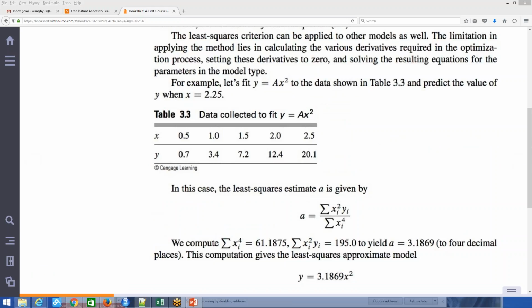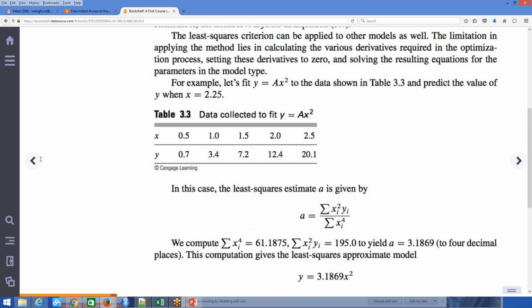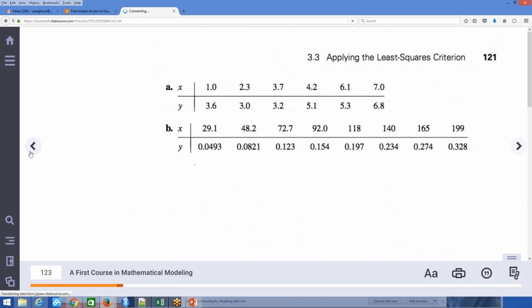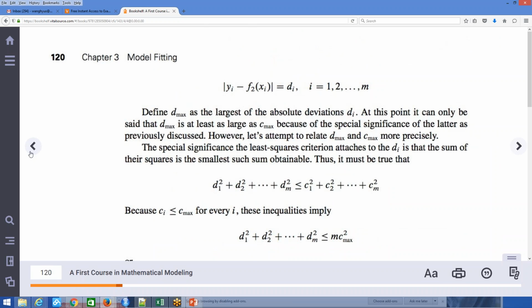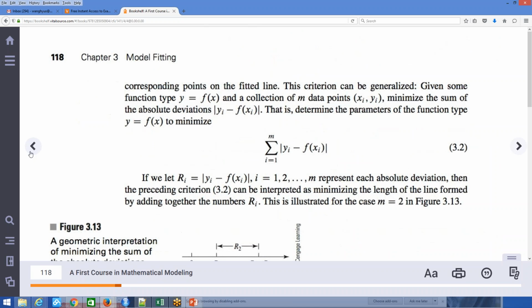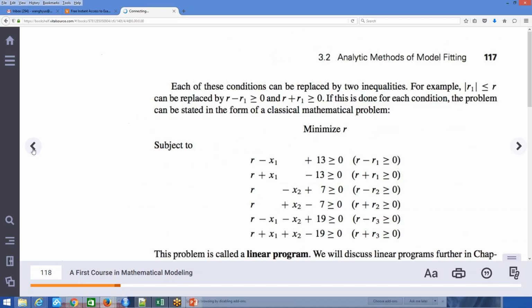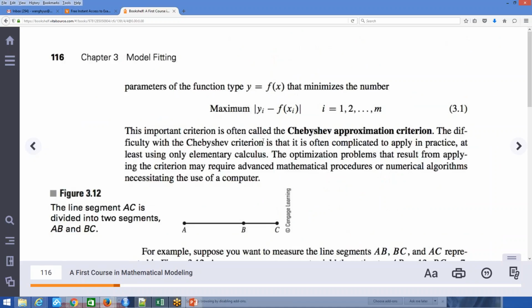Following up on that question, how does this Chebyshev criteria fit into regression? Neil was asking about this question. Here you see we're trying to minimize the max of yi minus this function, right?